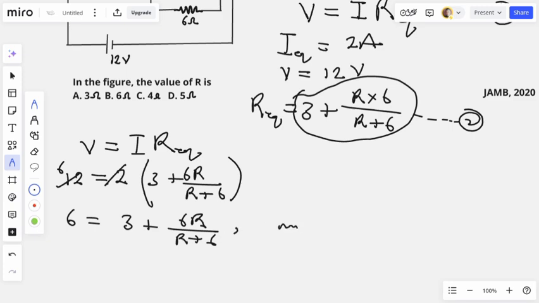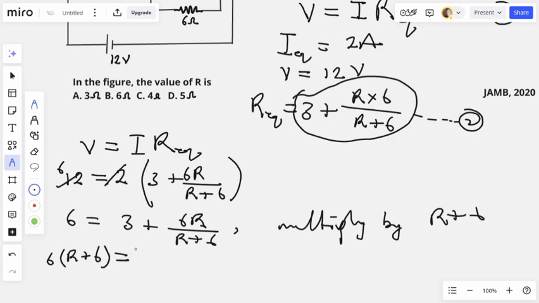So multiplying by R plus 6, here it will be 6 times, you open bracket, R plus 6 equals 3 times, you open bracket, R plus 6.